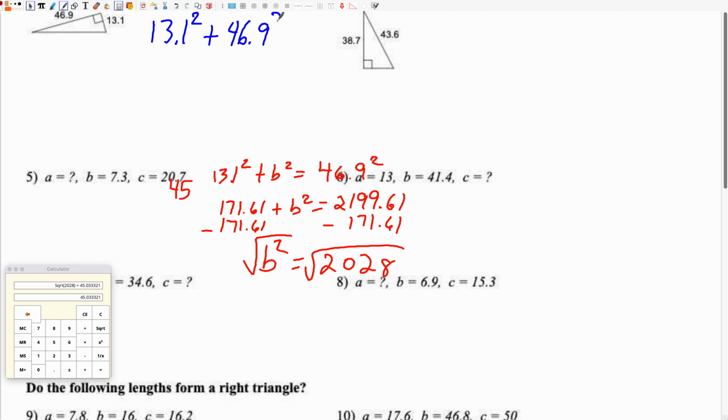Now it's one of the legs. Equals c squared, right? So I can do 171.61 plus 2199.61 equals c squared. So it's the same numbers as I used last time, right there and right there. They're just in different places.